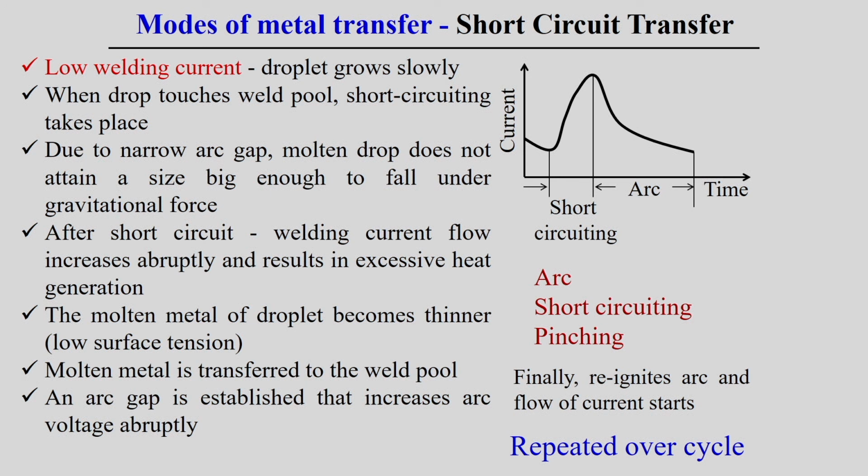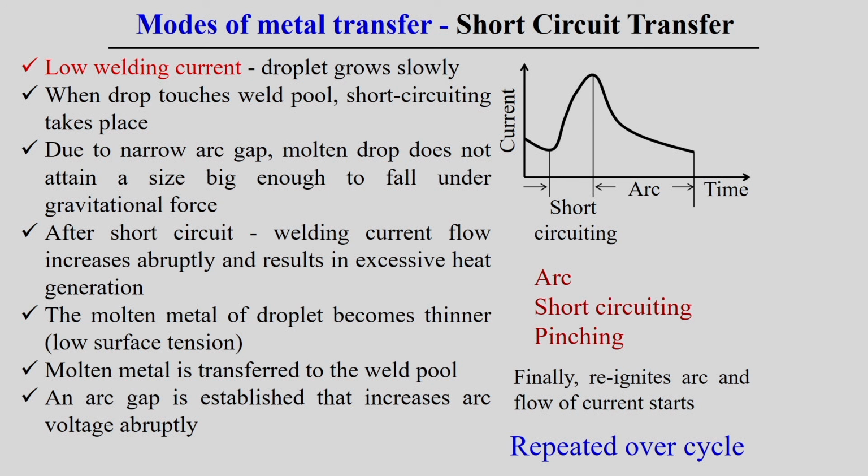It normally happens at low welding current, such that the droplet grows slowly. The gap can be very low initially, such that the droplet normally touches the workpiece.